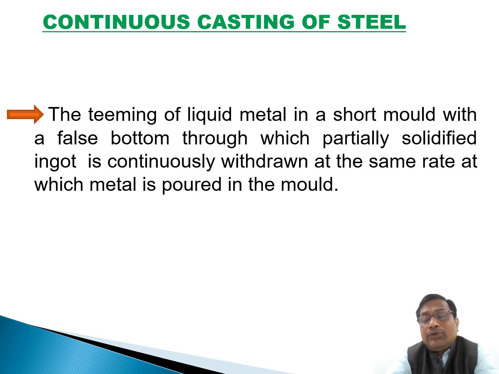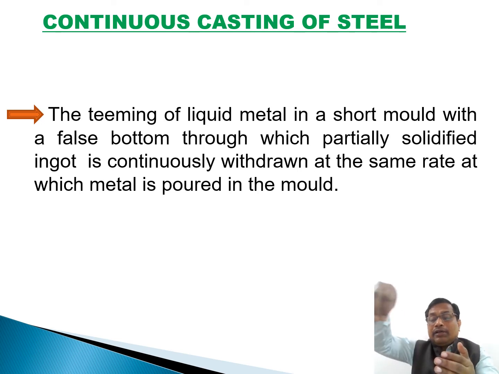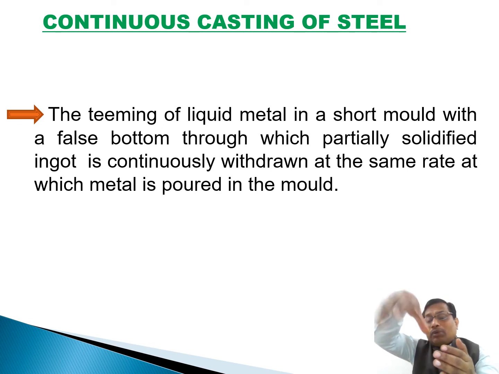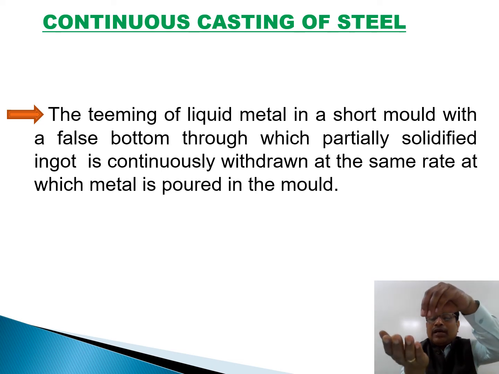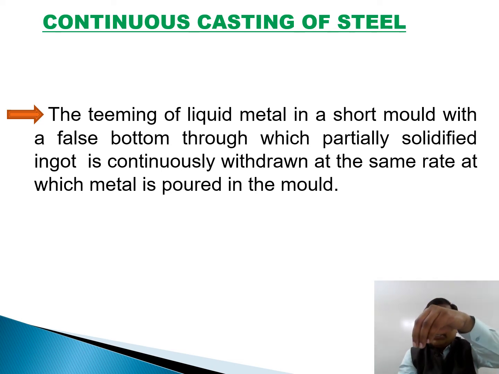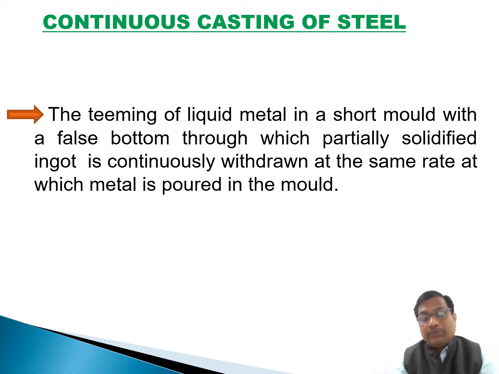Suppose this is the mold box we have taken. We put the molten steel from the top of the mold box, and because the top is open and only four walls are there, and those walls are water cooled. At the bottom a false bottom is given, and we put the steel from the top and slowly take the bottom down, so that a bar-like structure comes out of the mold box.